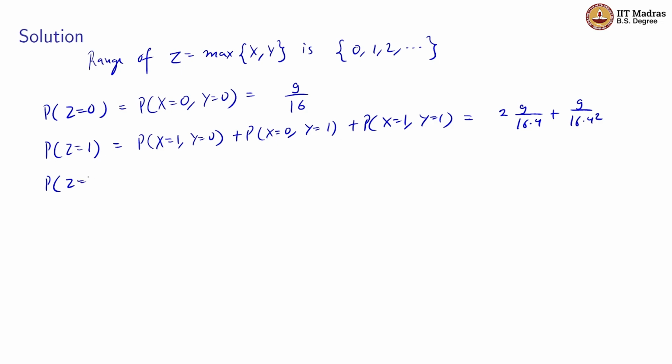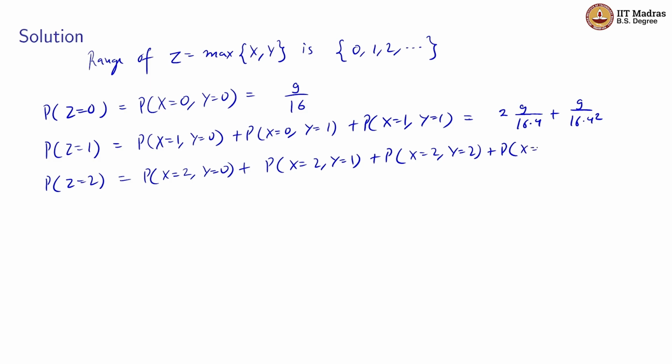Similarly, the probability that z is equal to 2 is equal to the probability x is equal to 2, y is equal to 0, plus joint probability x is equal to 2, y is equal to 1, plus joint probability x is equal to 2, y is equal to 2, plus joint probability x is equal to 1, y is equal to 2, plus joint probability x is equal to 0, y is equal to 2.